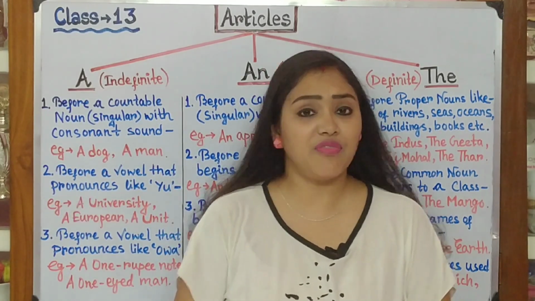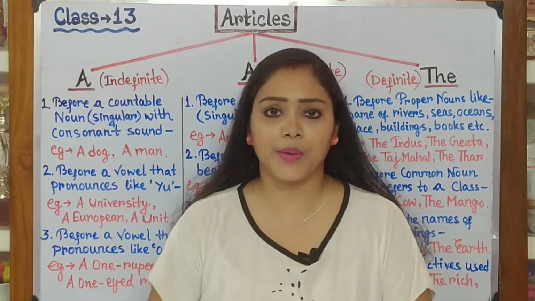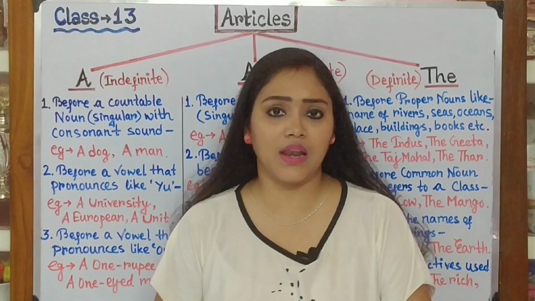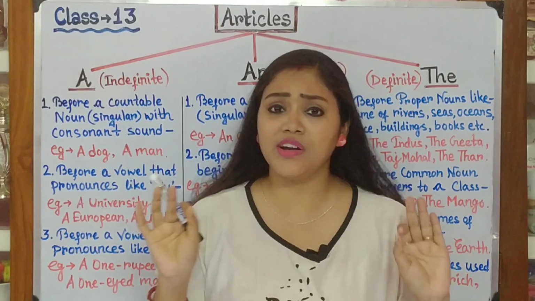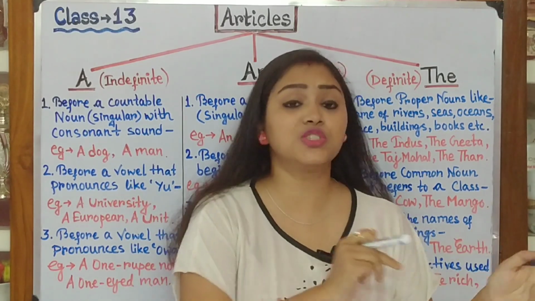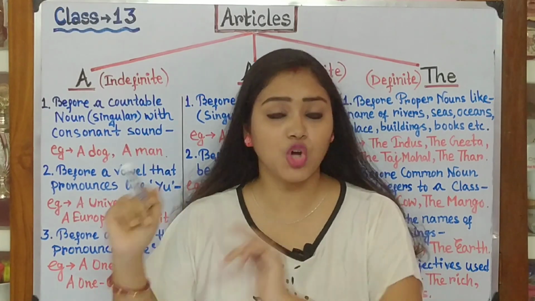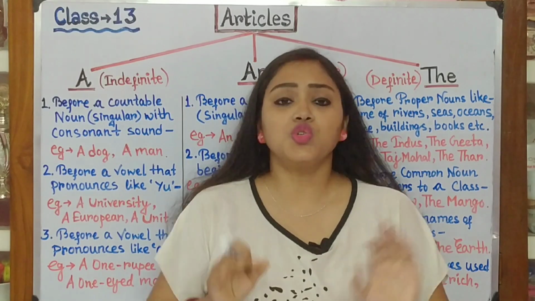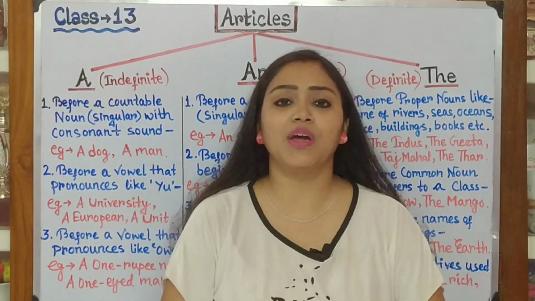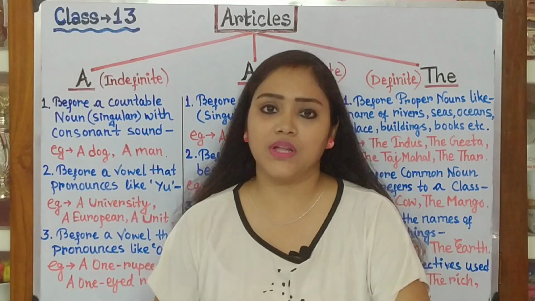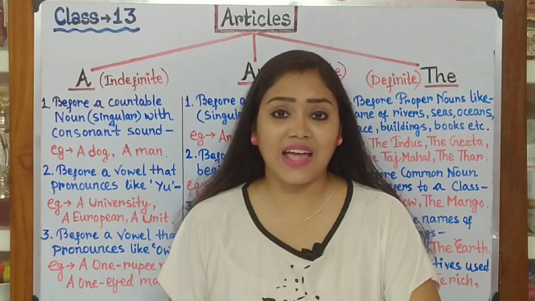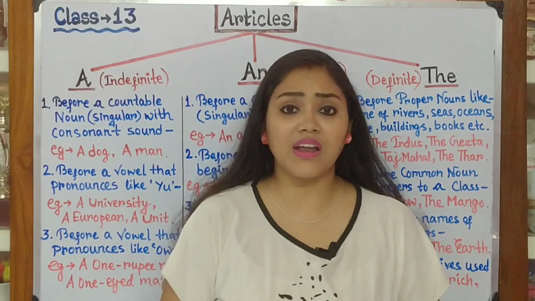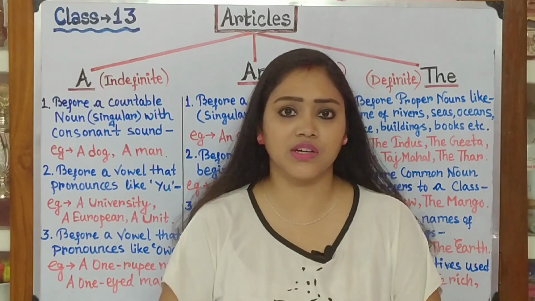For example, if I say, I saw a boy, or I need an umbrella, here I am not telling in detail which boy I am talking about or which umbrella I need. So in general I am talking about a boy and an umbrella. So a and an are used as indefinite articles.